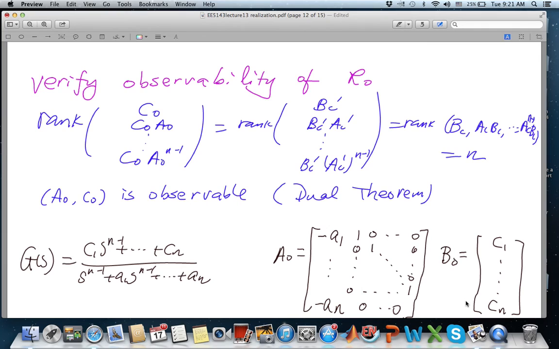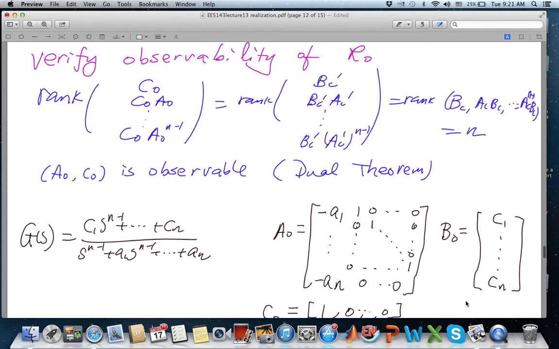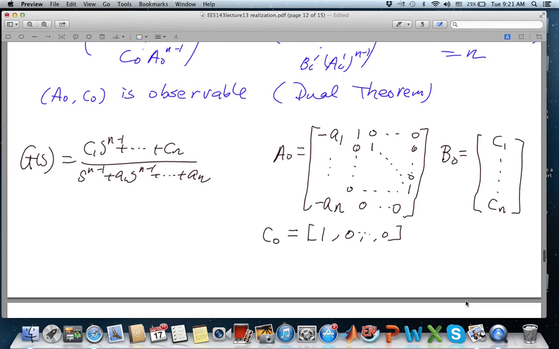If we have a controllable realization, and then we have the transpose of AC as another realization, and the transpose of CC as your B matrix, transpose of BC as your CO matrix, then we can have an observable realization. So I show this format here.